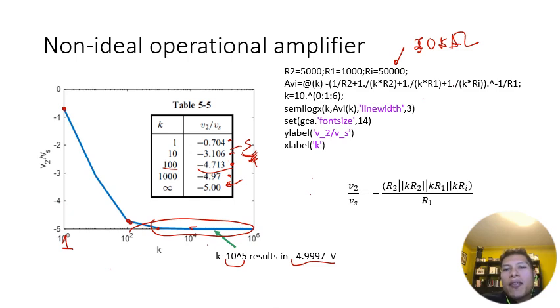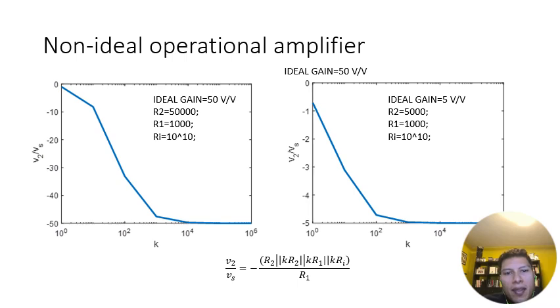Now, let's say we modified our circuit so that instead of an R2 of 5,000, we have an R2 of 50 kilo ohms, which changes our gain to 50. And here I make the input resistance really large so that it doesn't affect our circuit. What you can already see is that before, our gain was very close to 5 at 100.